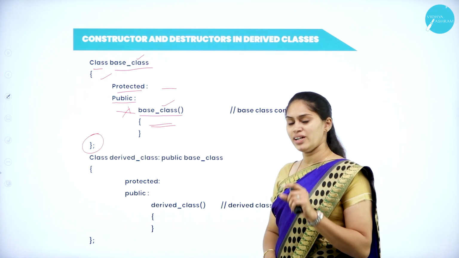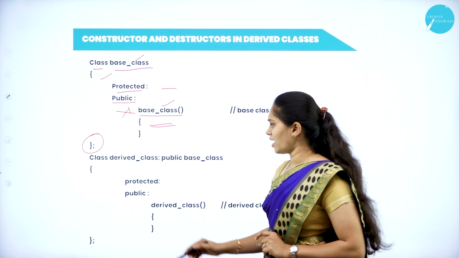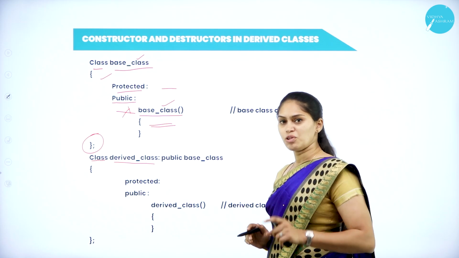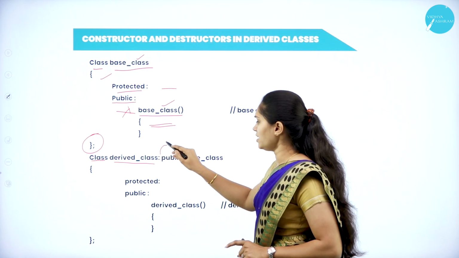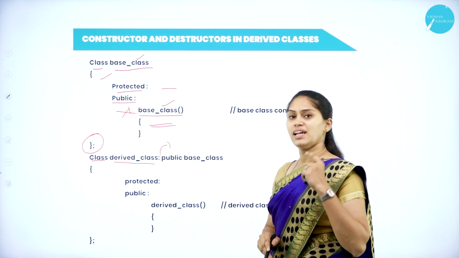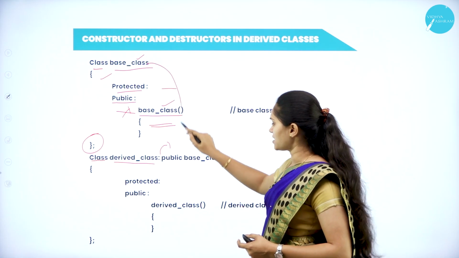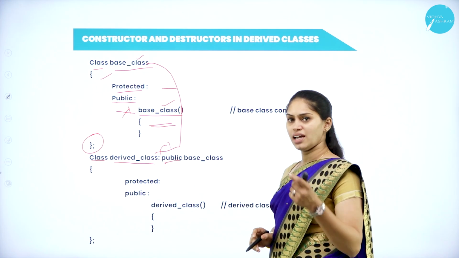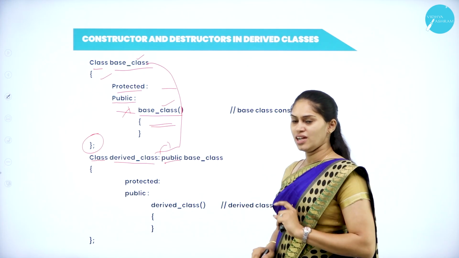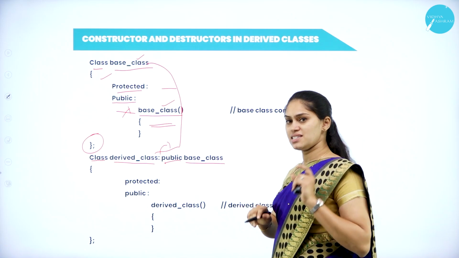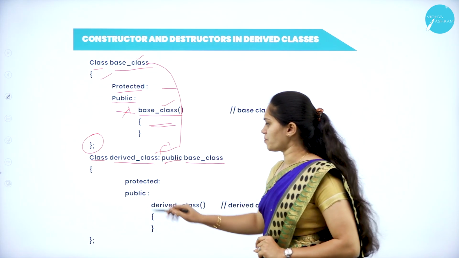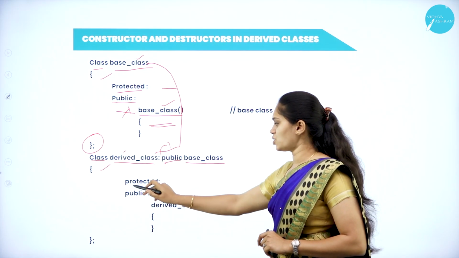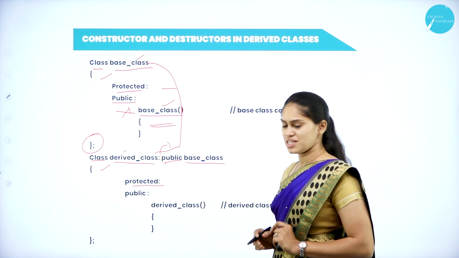And I am creating one derived class. Here class is a keyword, and the derived class name is derived class itself, and I have a colon that represents that I am inheriting the features from the base class to the derived class. So publicly I am inheriting the features of the base class into the derived class. This base class is the name of the base class. After that, this opens the scope of the derived class. We have a protected access specifier.